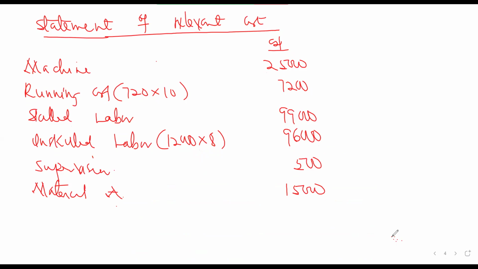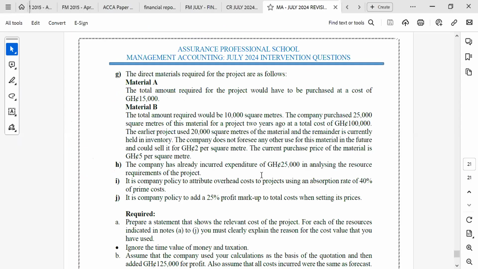But let's come to material B, which is an interesting area there. Okay, material B, the total amount required will be 10,000 square meters. The company purchased 25,000 square meters of this material for a project 2 years ago at a total cost of 100,000.